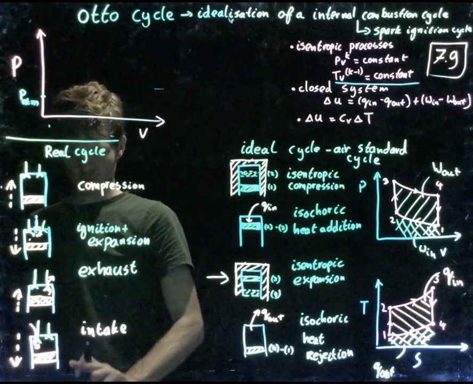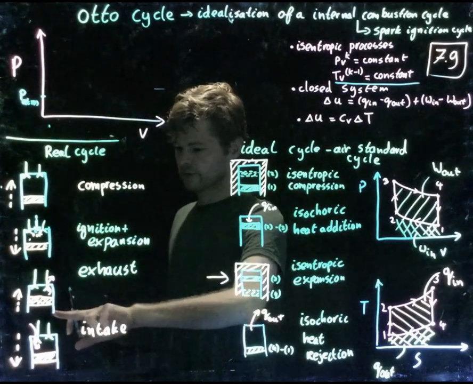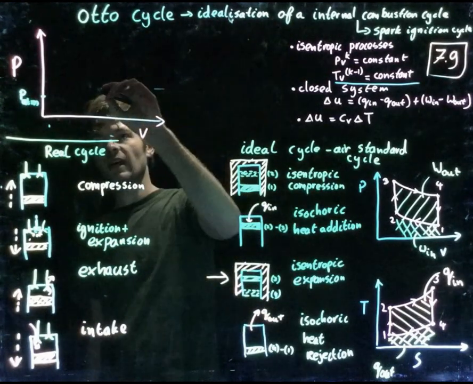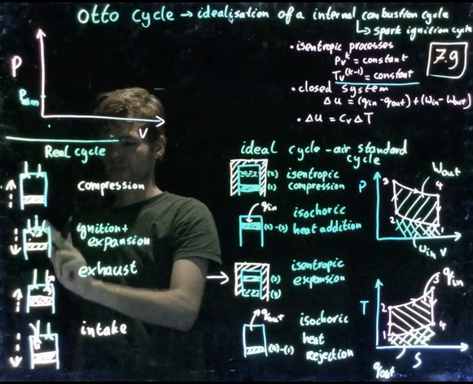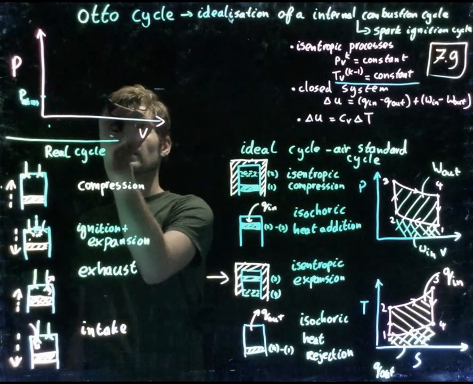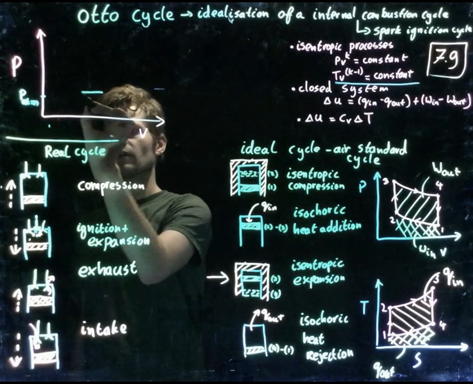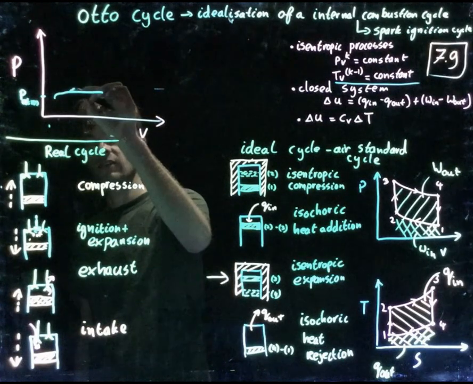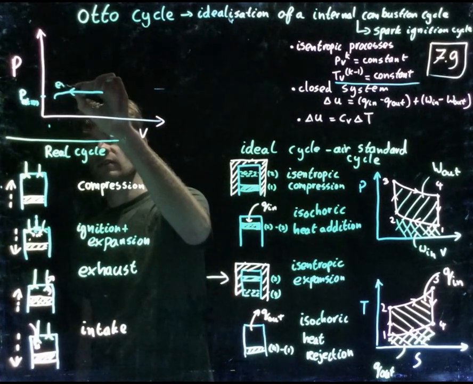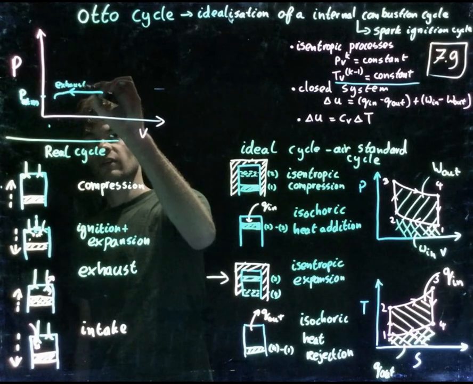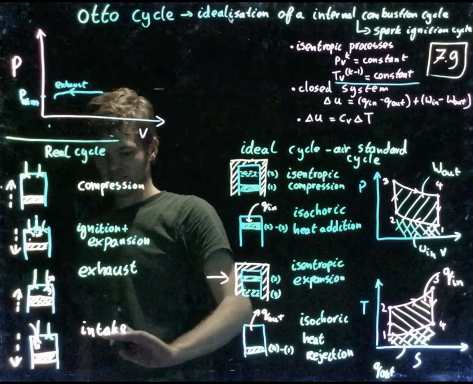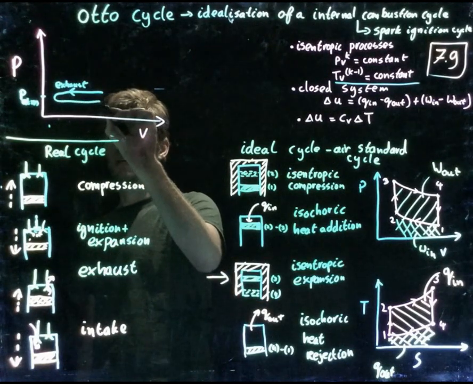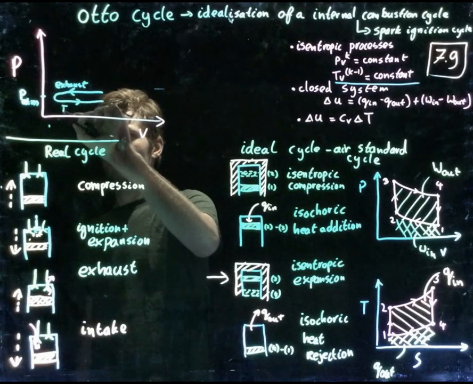In the exhaust stage we're going from a very high volume to a low volume because we want to remove all exhaust gases, and it happens at a slight overpressure since the valve is open, so that looks a bit like this. Going over here, this is the exhaust stroke. After that we're going to the intake stroke. So then a slight vacuum, a slight under pressure, is the intake.